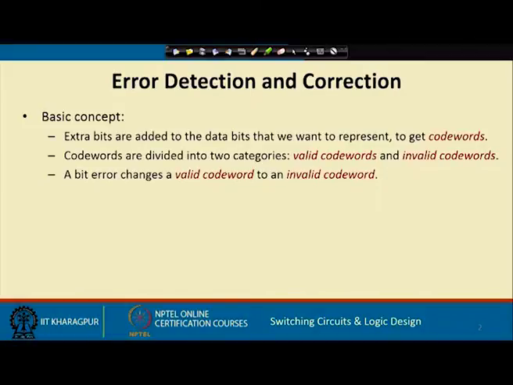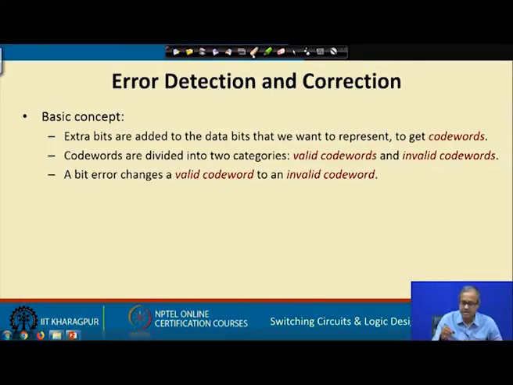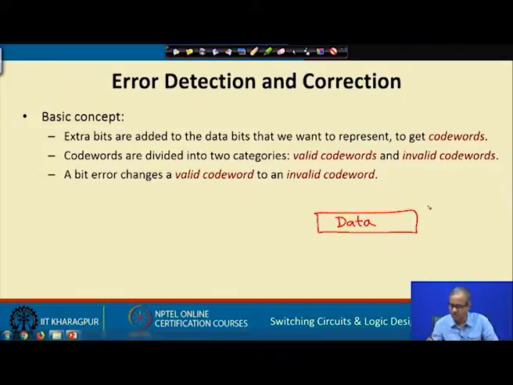So, the basic concept of error detection and correction is, suppose I have a data or a number which I want to store or communicate. This is my basic data. One thing to understand is that whenever we are talking about error detection and correction, first, we must add some extra bits to my data.